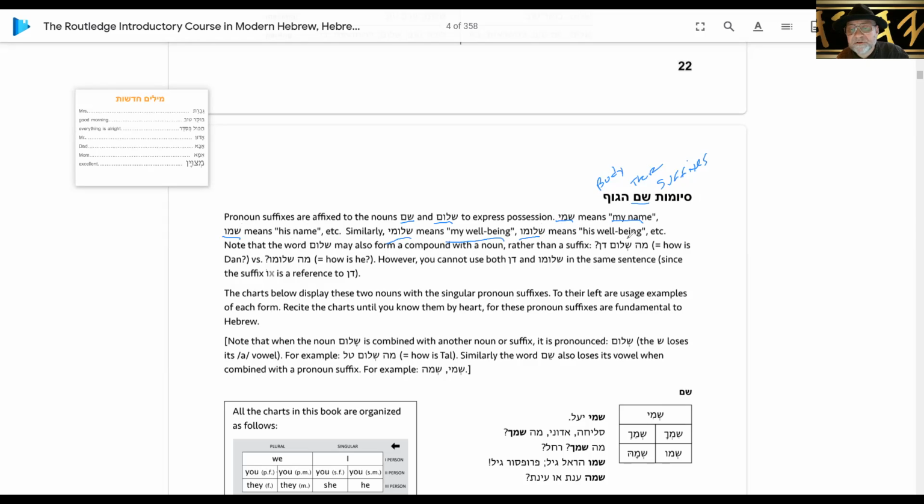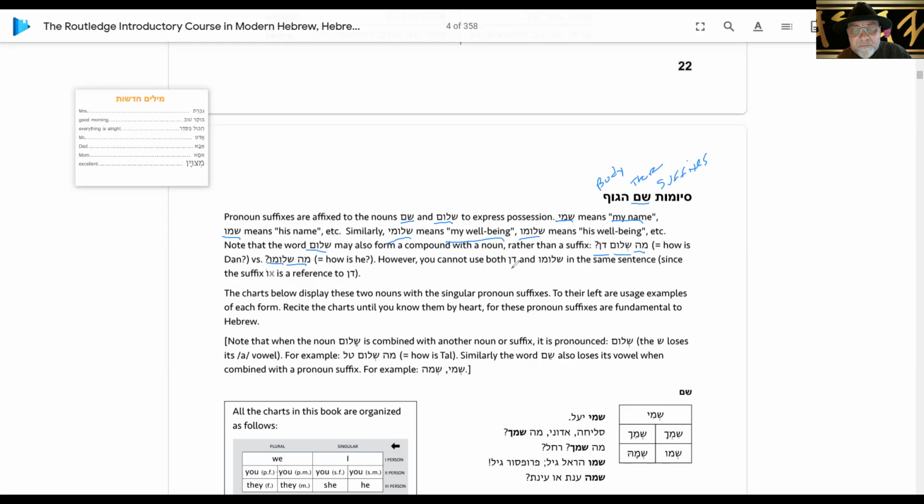Shlomo means his well-being. Note that the word shalom may also form a compound with a noun rather than a suffix. So ma shalom Dan, how is Dan? Literally that says, what is the peace of Dan? What peace Dan? Versus ma shlomo, how is he?